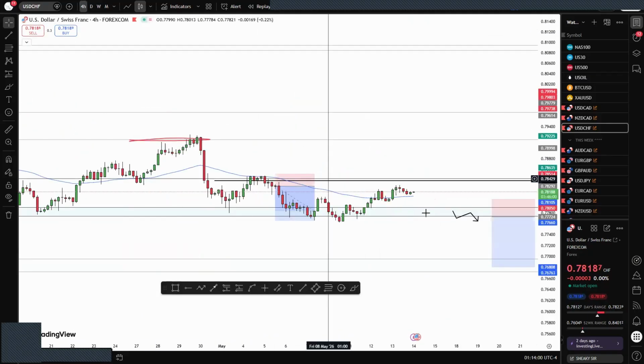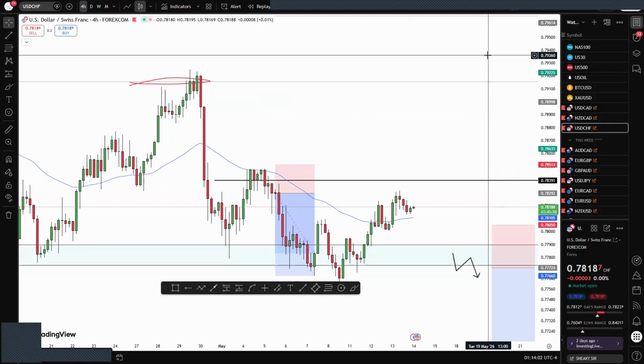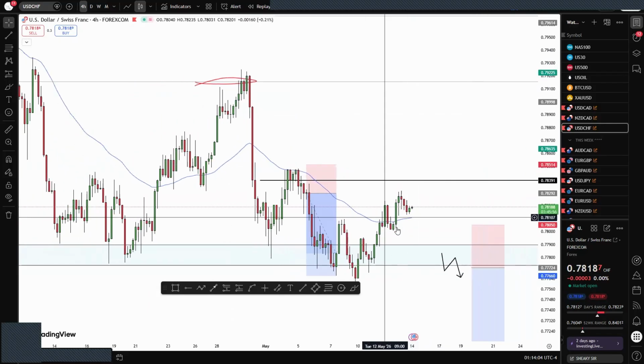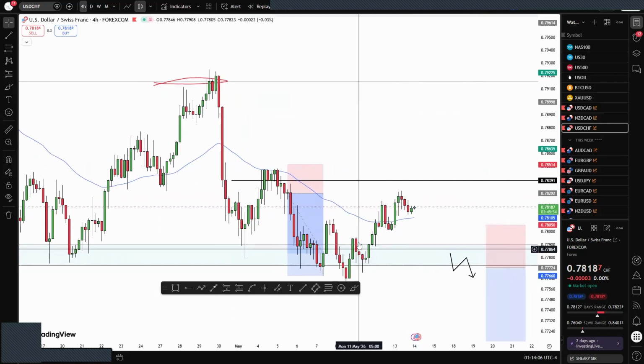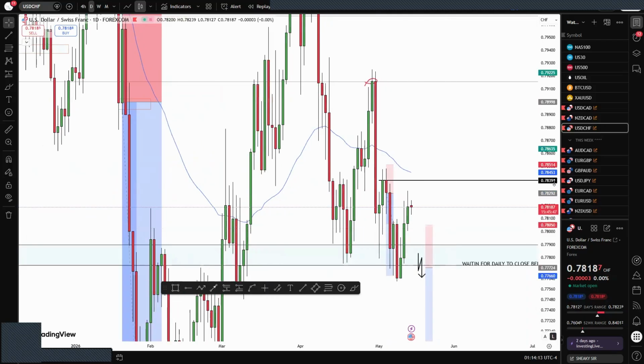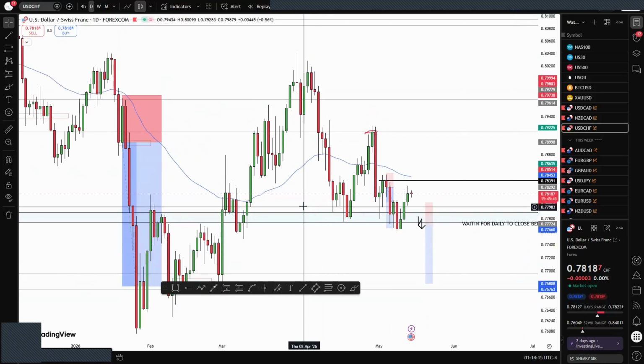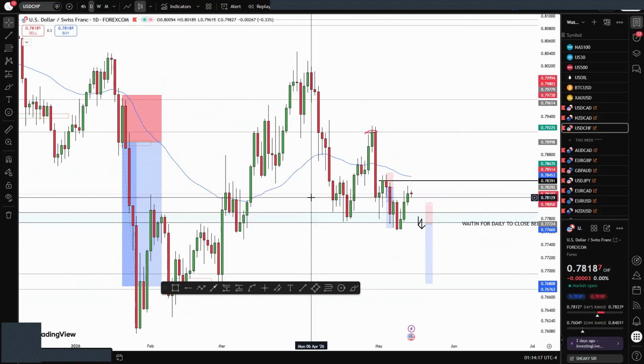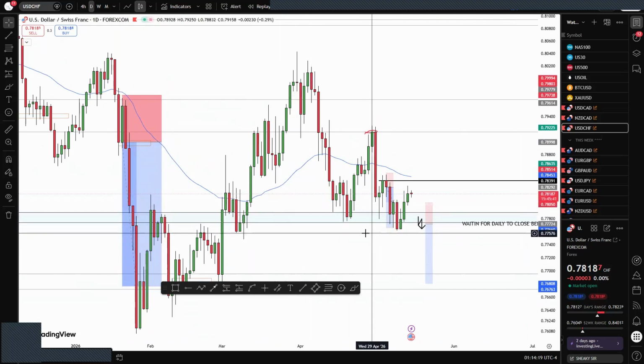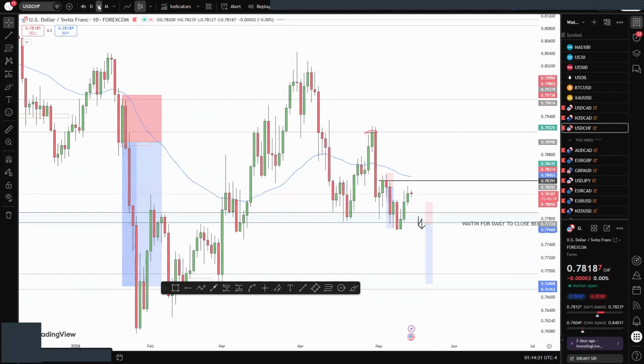Regardless of how clean this thing looks and the daily is bearish, I can only consider this level maybe next week, but I doubt, because of this structure I told you.